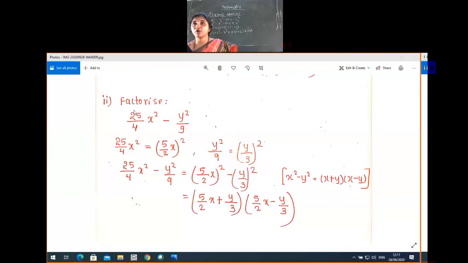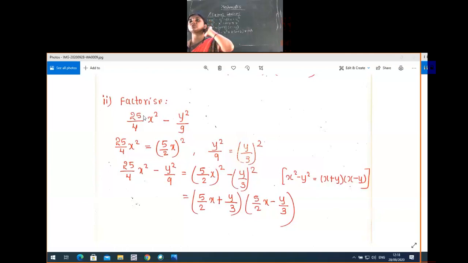Whatever numbers we are seeing in this question, all the numbers are perfect square numbers: 25, 4, 1, 9, and y square. Square root of 25 is 5, square root of 4 is 2, square root of 1 is 1, square root of 9 is 3.